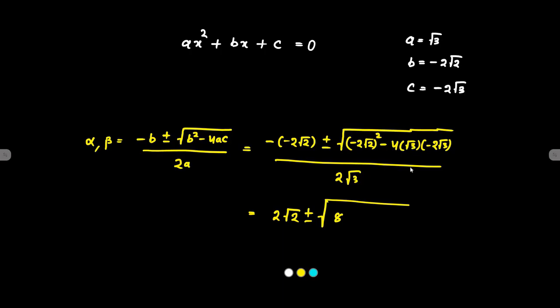So it is 8 into 3, that is 24, 8 + 24 by 2√3, which is equal to 2√2 ± √32 by 2√3.